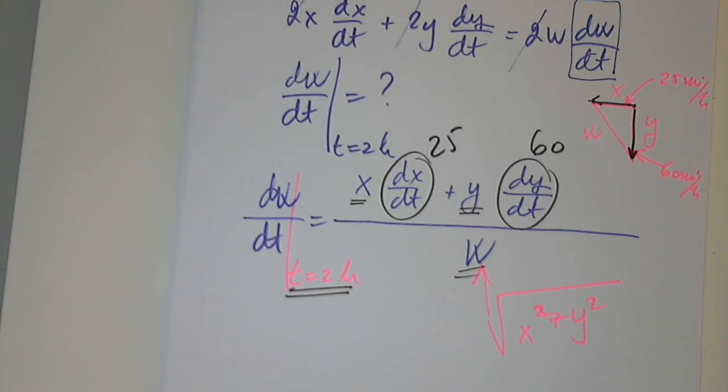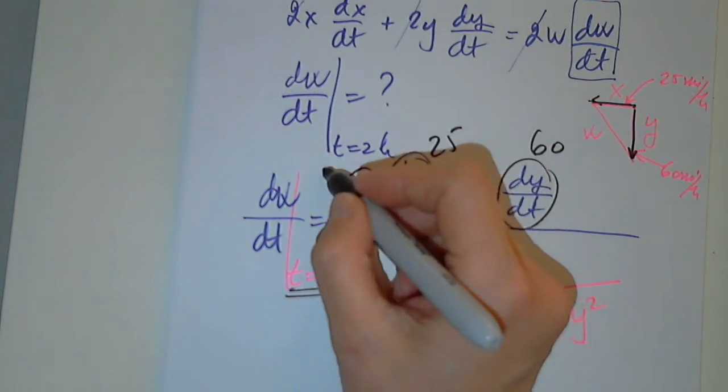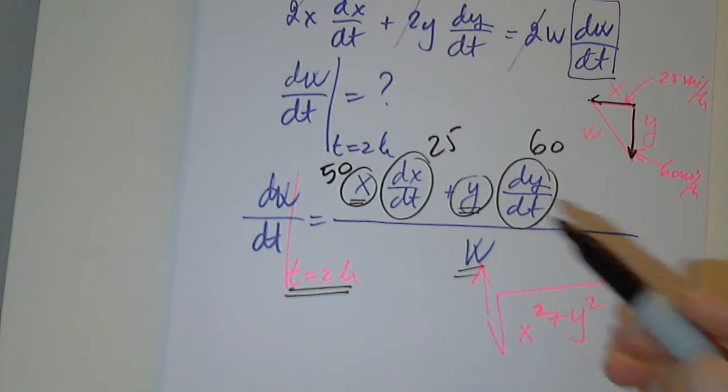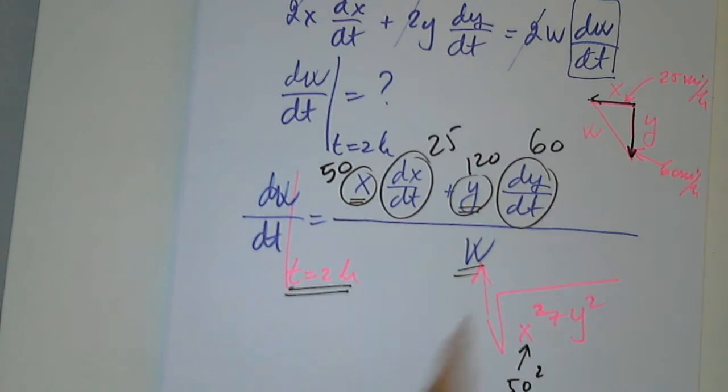Just plug in 2 for that little equation. 2 hours times 25, so this must be 50. So this is 50 squared. Great job. What about y? Same thing. y is 60 times 2, rate times time, and this will be 120 squared.